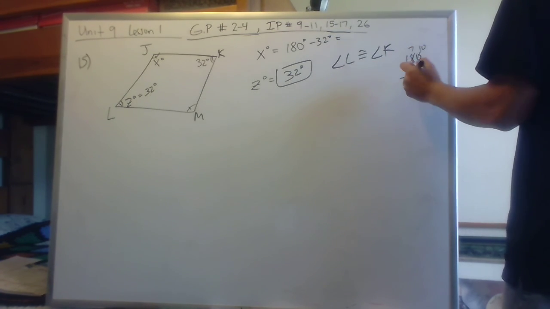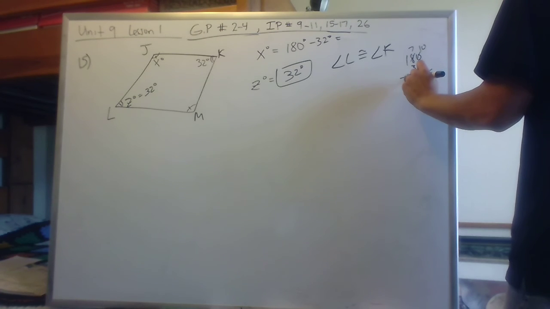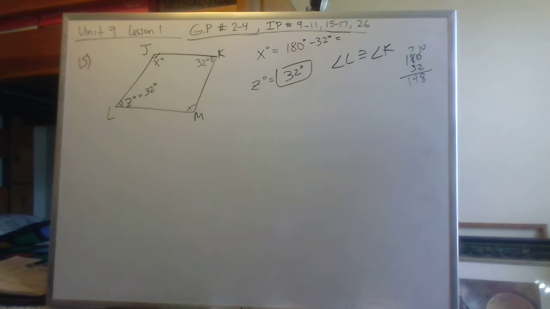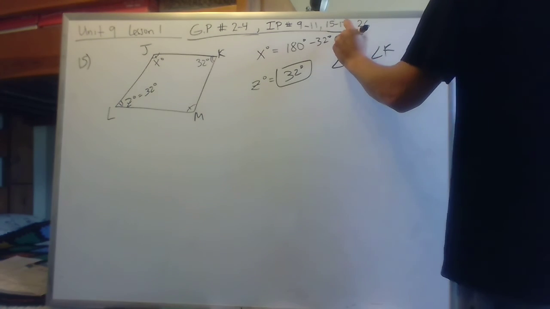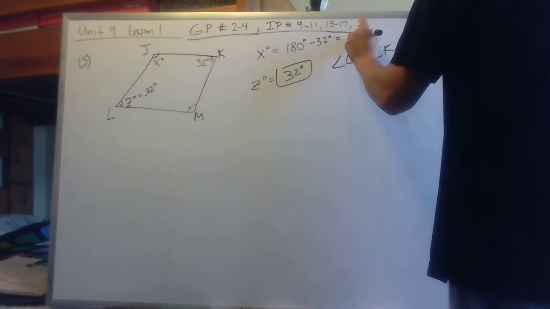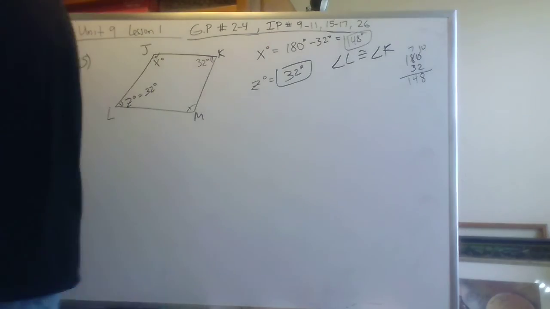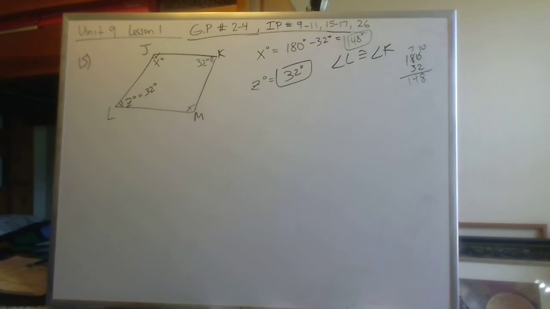We turn that into a 7, and that's going to be 4, and that's going to be 148. So that's going to be our solution for x, is 148 degrees. So let's move on to the next problem.